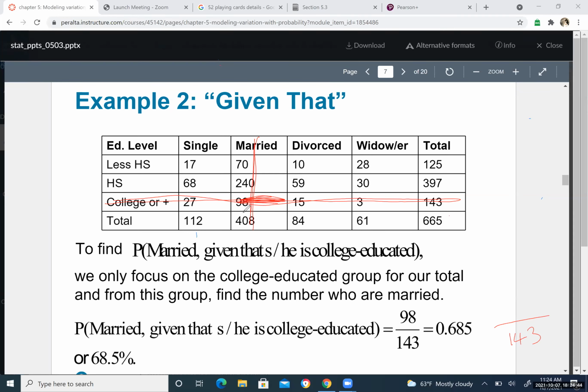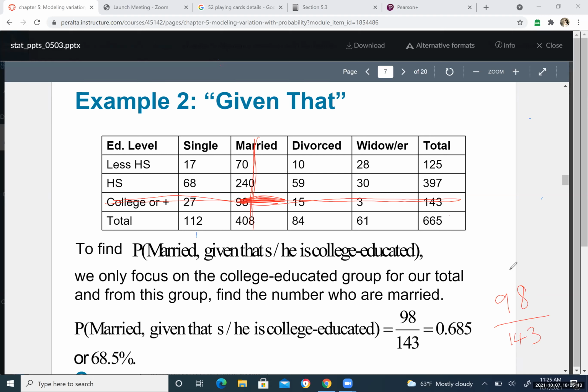So the way they have joined, the married people are a small group inside the college level. So you write 98. Does it make sense? Remember the picture that I drew? So when you're done with this, you convert it into a decimal value for me, round to the hundredths place. And that's all. That's how you look at it.